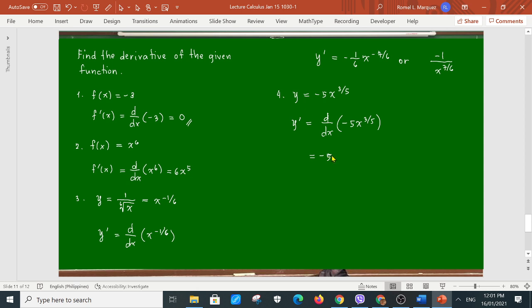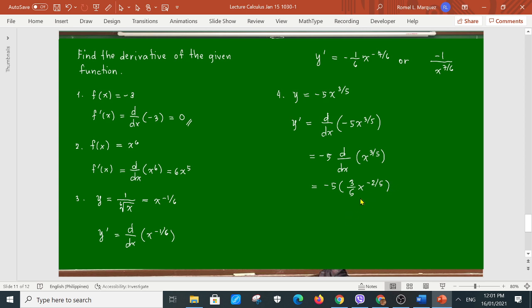I can put that out, then get the derivative with respect to x of x to the 3 fifths. That is 3 over 5 x to the, subtract 1 from the exponent, so it becomes negative 2 fifths.